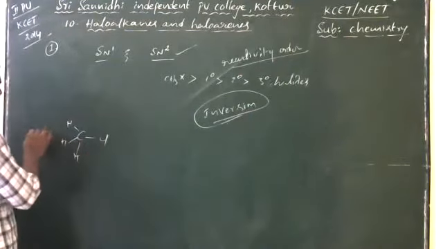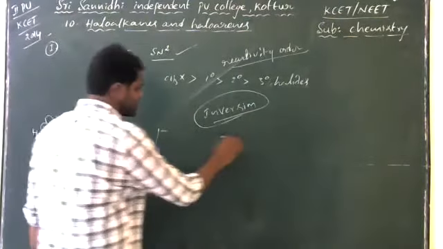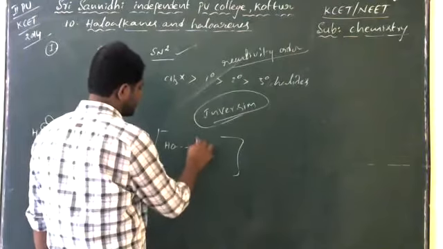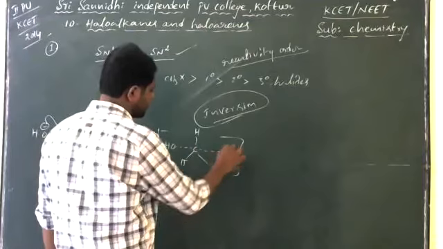When the OH minus nucleophile attacks from the back side, it forms a transition state. In the transition state, a partial bond is formed between carbon and oxygen, and also between carbon and chlorine.